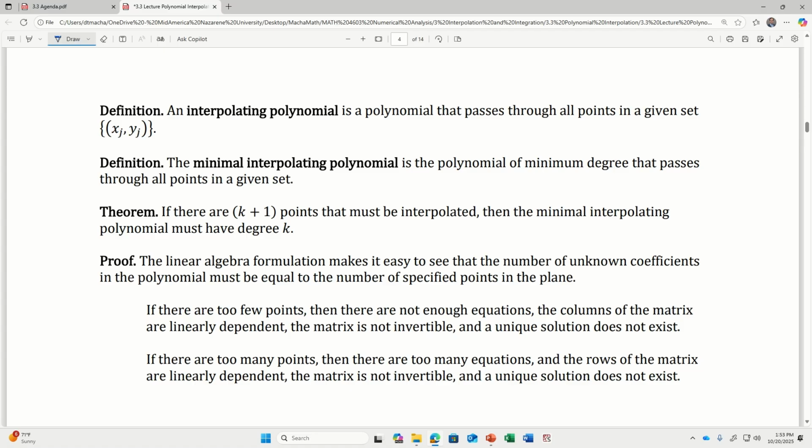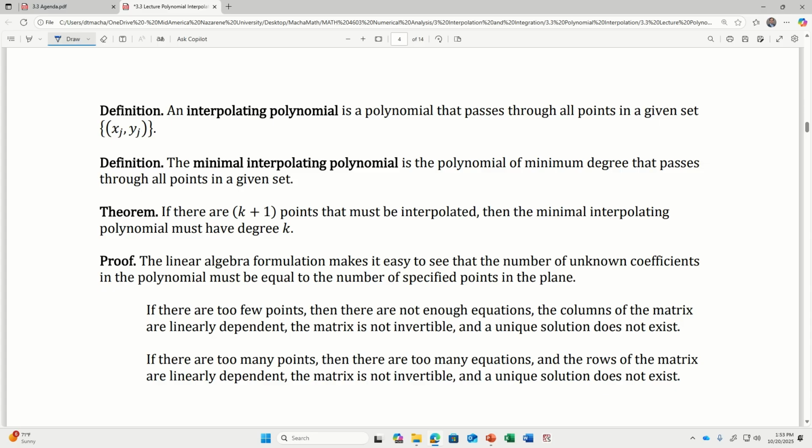An interpolating polynomial is one of these polynomials that passes through all points in a given set. Like the last problems I just waved my hands and talked about, you're given some points that belong to a set, and we're finding a polynomial that will pass through all of those points. It interpolates the points when the curve goes through the point.